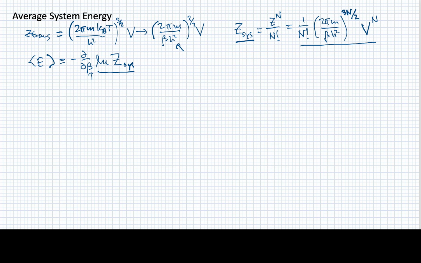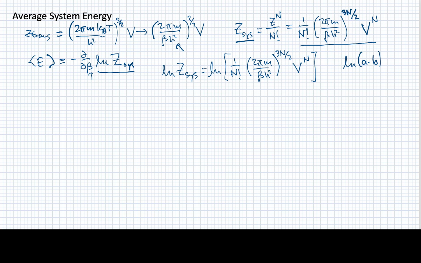If I write out what this logarithm looks like, the logarithm of Z system is going to be the logarithm of this big mess, 1 over N factorial times 2 pi m over beta h squared raised to the 3N over 2 power times volume to the N. Now, I know if I have the logarithm of a product of two numbers, that's just equal to the sum of the individual logarithms. So I'm going to use that in this case to separate out all these various pieces.